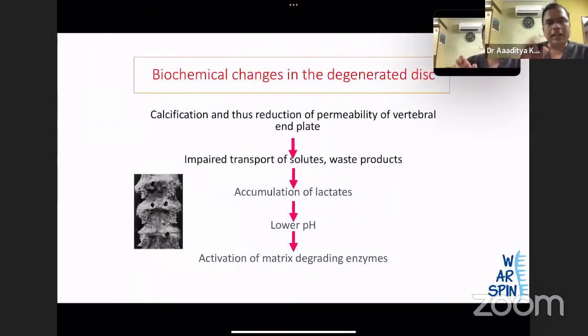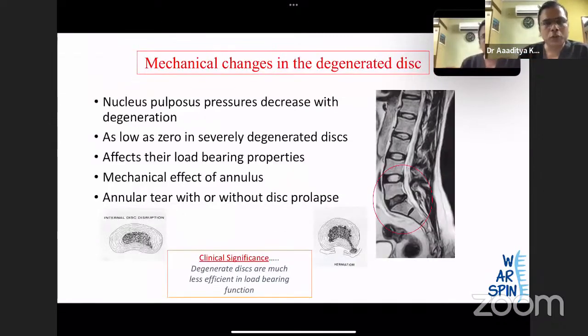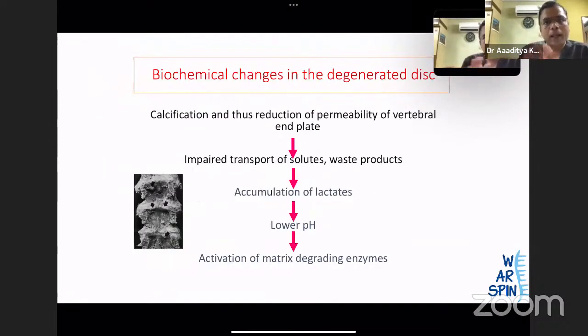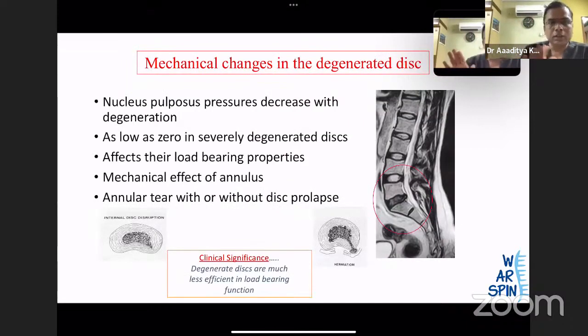Calcification takes place in these blood vessels, which leads to reduction in permeability of the end plates. That thereby causes impaired transport of solutes and waste products, accumulation of lactates, lowering of pH, and activation of matrix degrading enzymes. These are the biochemical changes.